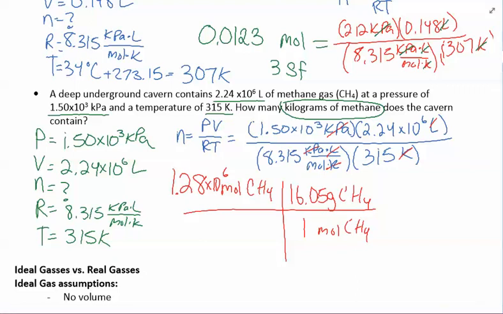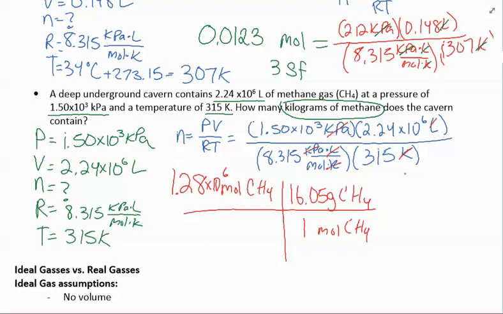Now, when you calculated this first number, you should have had all of the numbers in your calculator. You shouldn't be rounding midway through the problem. However, since we finished the equation and then we're multiplying, you technically should keep the number in your calculator and multiply it by 16.05. However, if you take the rounded number and multiply it, that's fine too.